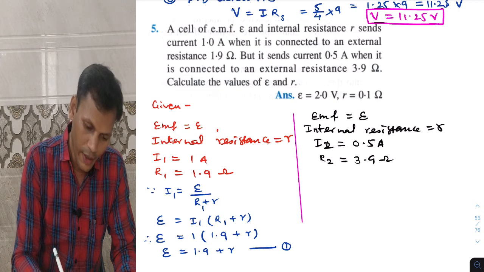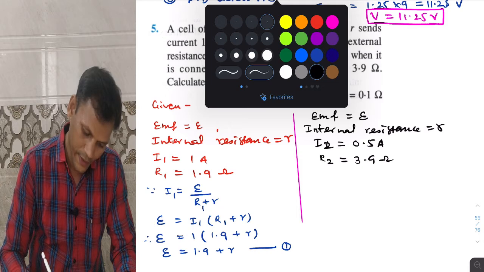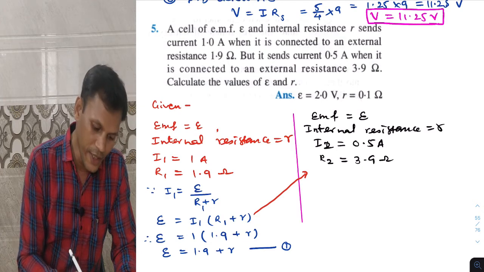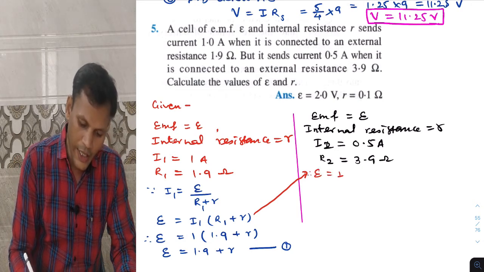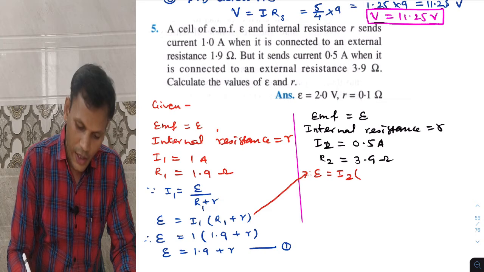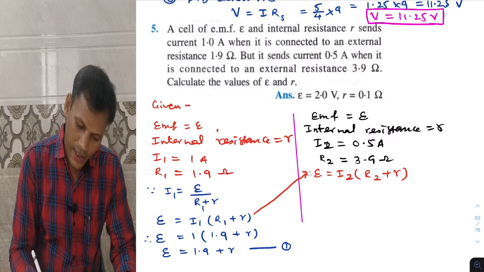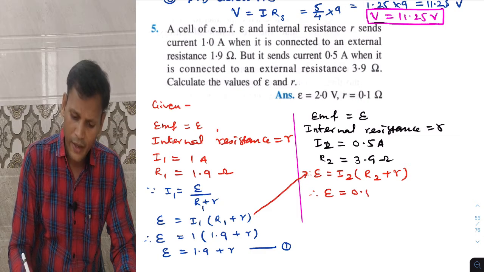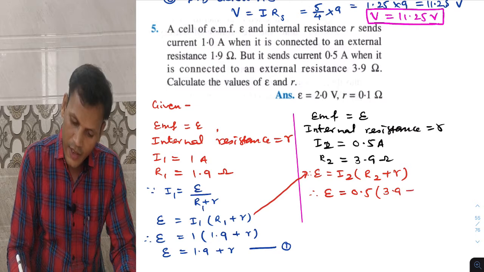I will take the result directly from here to here. So what can we write? E is equal to I2 in bracket R2 plus small r. E is E, I2 is 0.5 in bracket R2 is 3.9 plus small r.